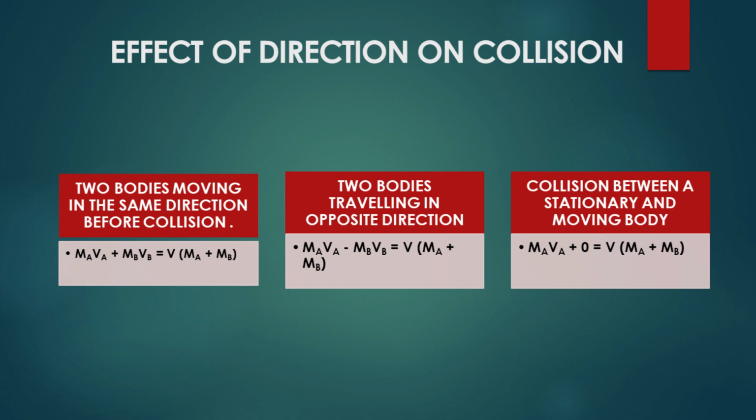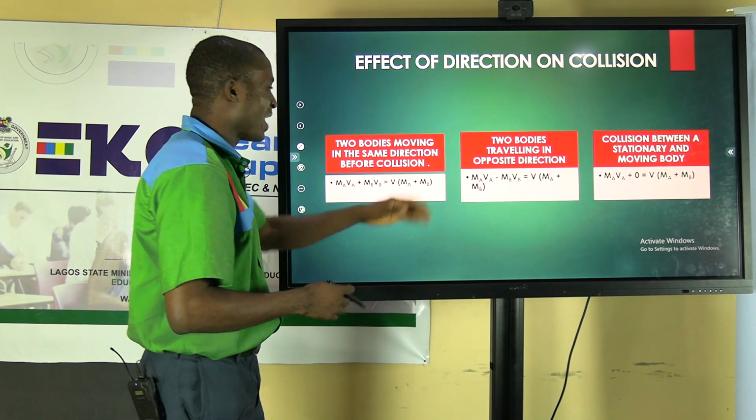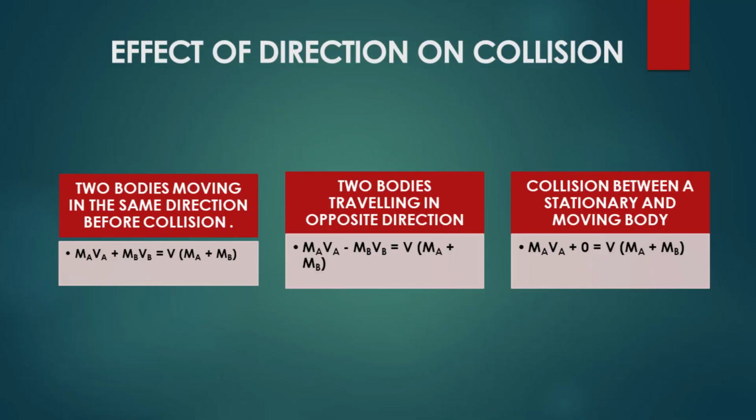The direction of collision has a part to play in our calculation. When two bodies collide, if they are moving in the same direction, it has an effect. I will show you.